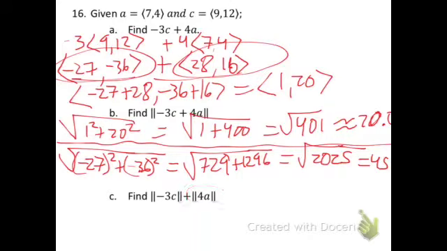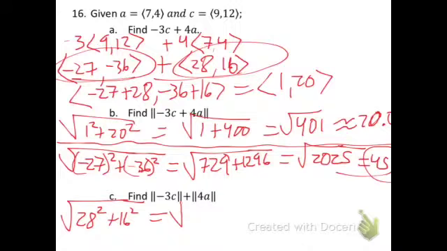Now I'm going to get the magnitude for 4a. When you take each of the components for 4a, which are right here, and square them, add them together, 28 squared is 784. 16 squared is 256. If you add those together, you're looking at the square root of 1040.